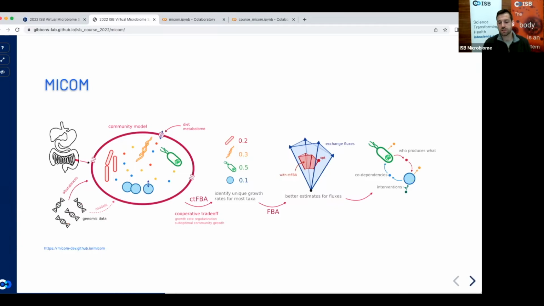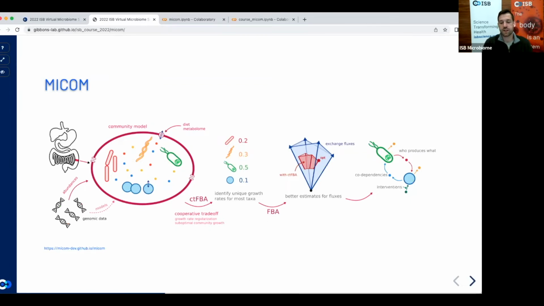Mycom then uses these reconstructions of the taxa that are present in the sample to build a massive stoichiometric matrix like the one that we described earlier, that includes not only the internal reactions within each taxon, but also exchanges between taxa and external reactions, basically imports and exports out of the community to the external environment, which in this case is the gut lumen of the host.